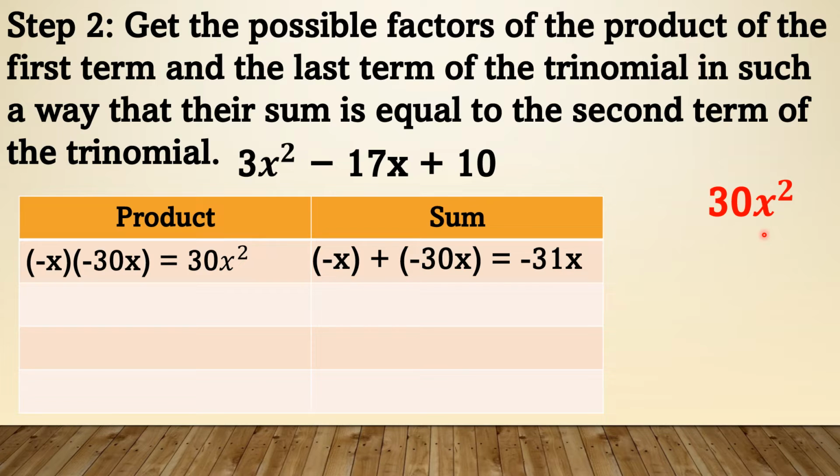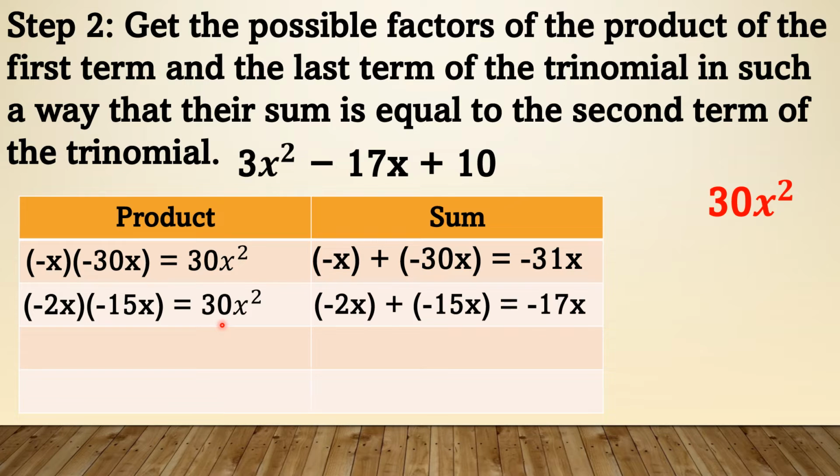Another possible factors of 30x squared are negative 2x and negative 15x. So again, we have here negative and negative. If we're going to multiply, the result will be positive. So we have 30x squared. If we are going to add negative 2x and negative 15x, the result will be negative 17x.